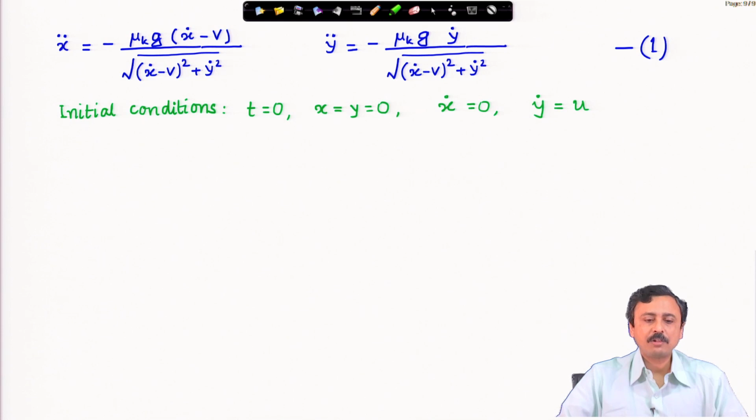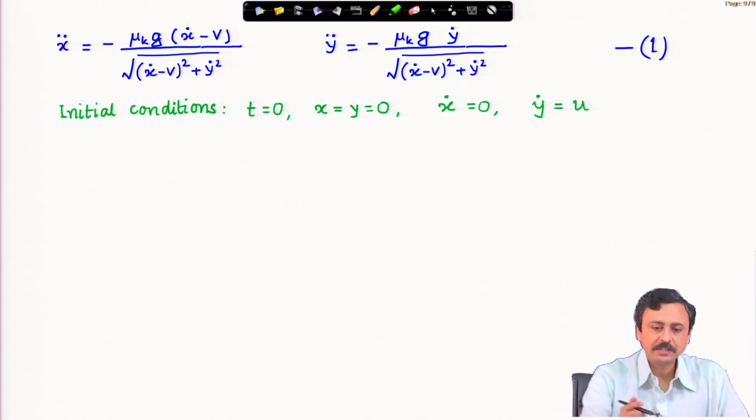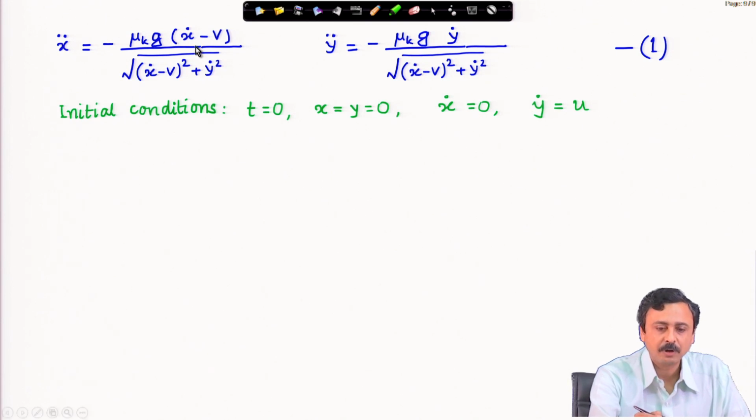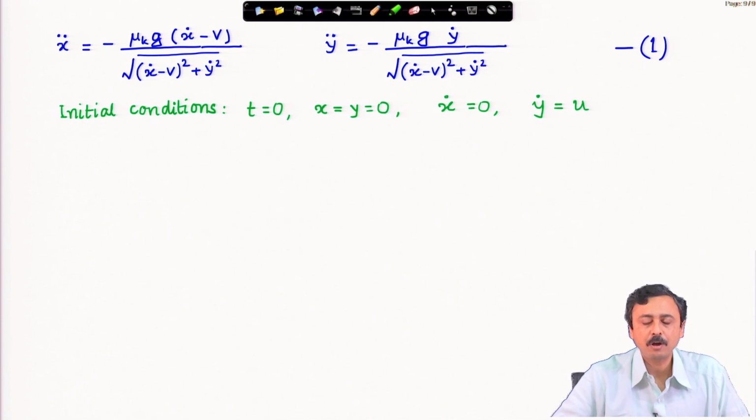Now I should be able to solve, but you see these equations look formidable. X double dot involves x dot, it involves y dot, in a very complicated manner.